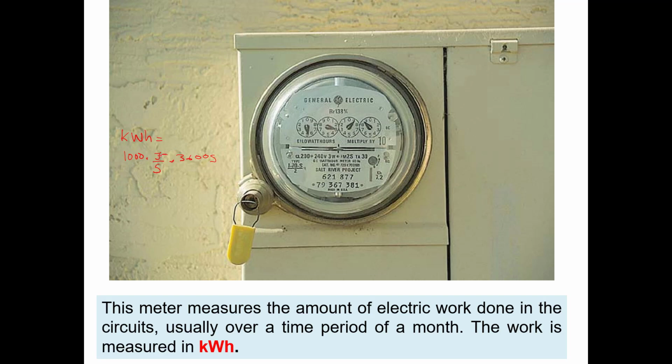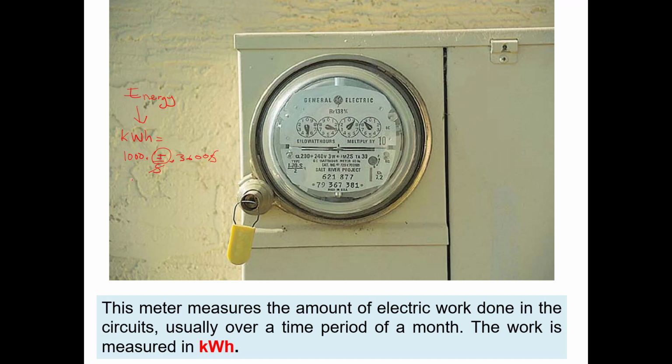Then this is joules per second, these seconds cancel out, and finally we have joules. This is the unit we expected, because we are trying to show that this unit corresponds to energy units.